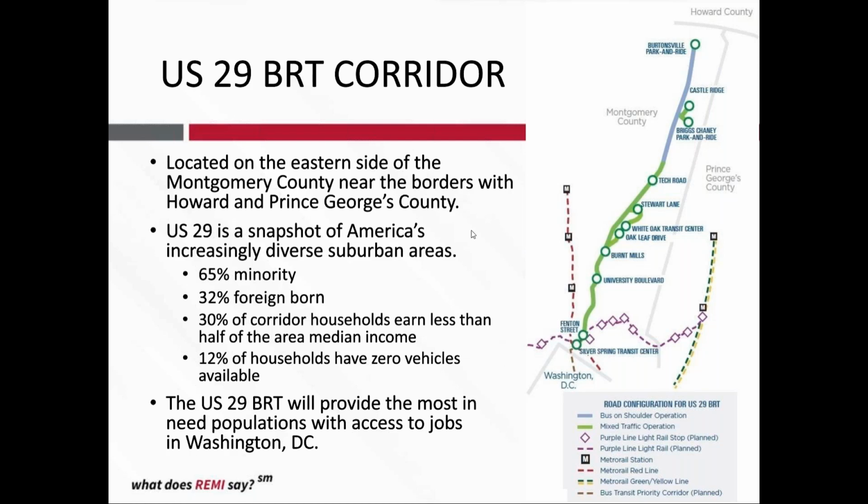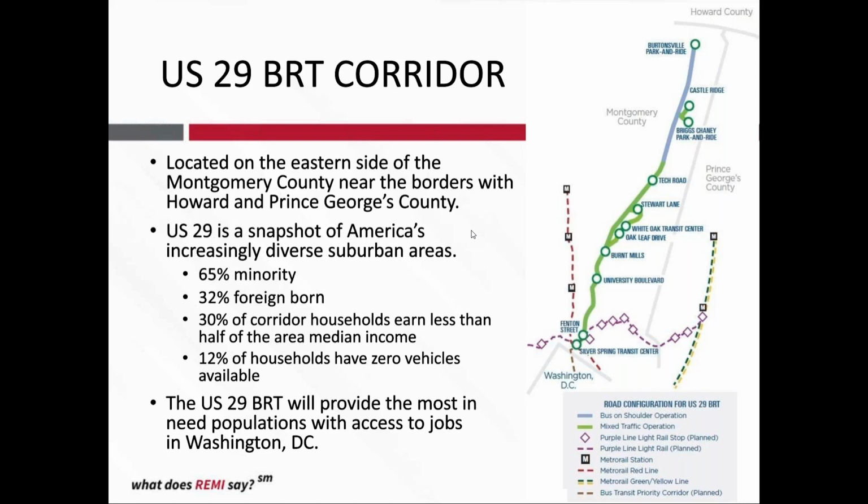This is a useful example because US 29 really provides a snapshot of America's increasingly diverse suburban areas. So bringing in that geographic regional component, not just paying attention to urban areas benefiting, but also looking at how policy affects suburban areas and rural areas.